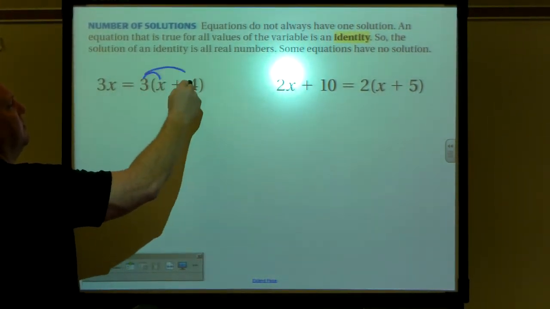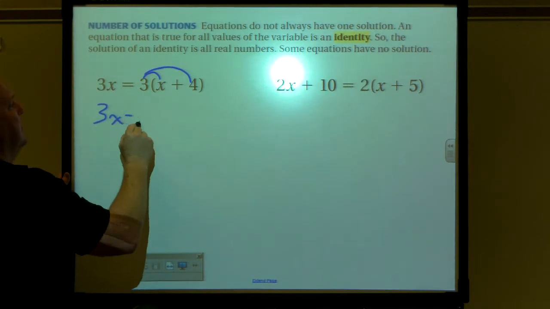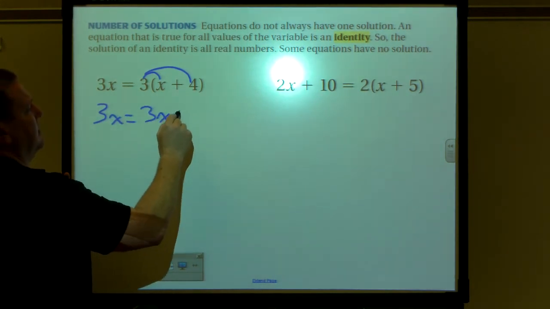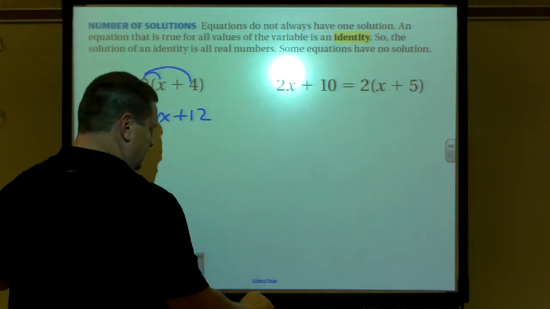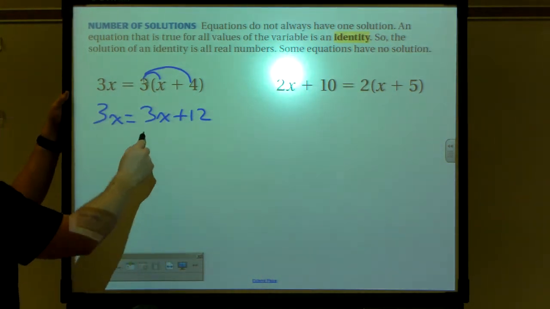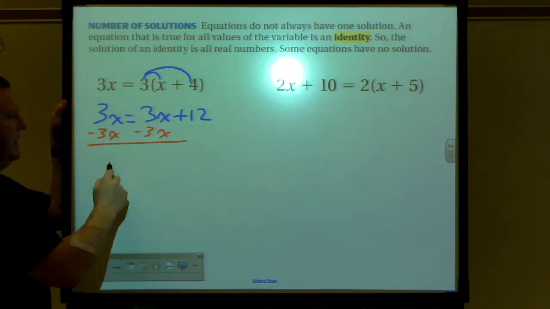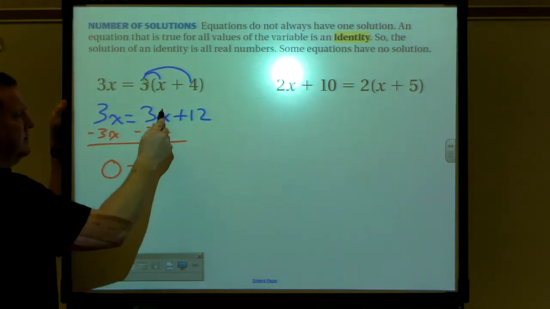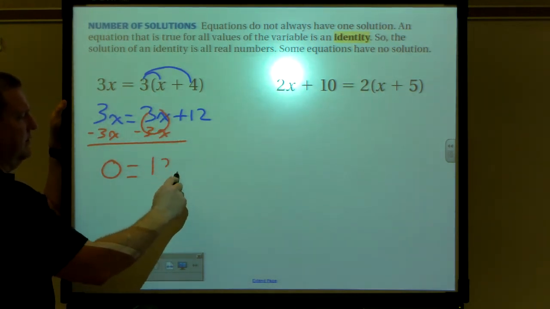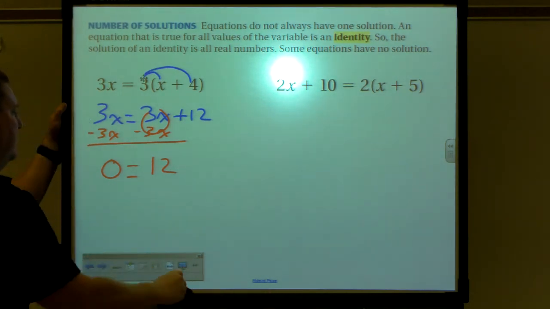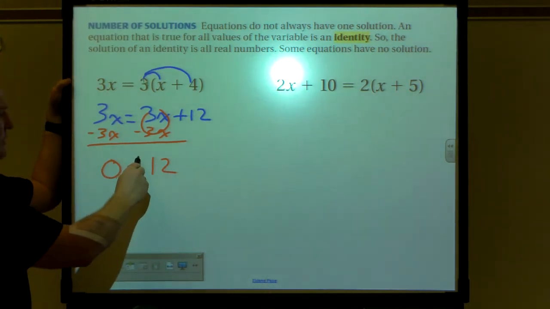So the first thing I'm going to do is distribute. So I have 3x is equal to 3 times x is 3x plus 12. Move my x's to one side, so I'm going to minus 3x, and it turns out that I have 0 is equal to, this is 0 plus 12, which is 12. Well, 0 does not equal 12.